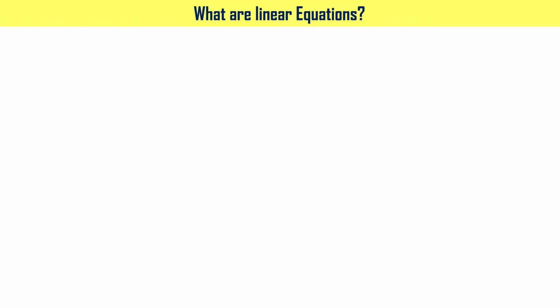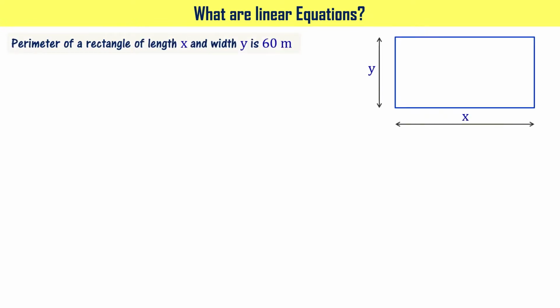Let us understand what linear equations are now. The perimeter of a rectangle of length x and width y is 60 meters. That is the statement given. We know the perimeter of a rectangle is equal to 2 times length plus 2 times width, right? It means 2x plus 2y is going to be equal to 60.